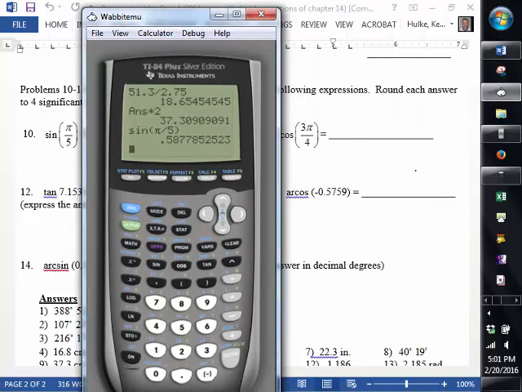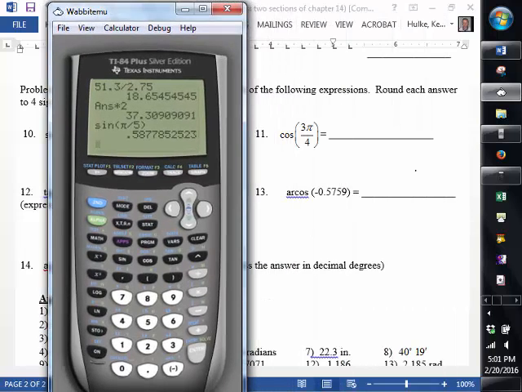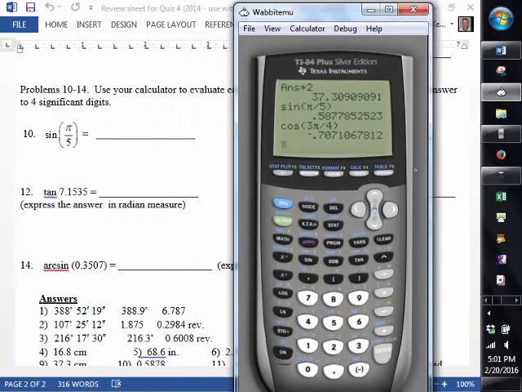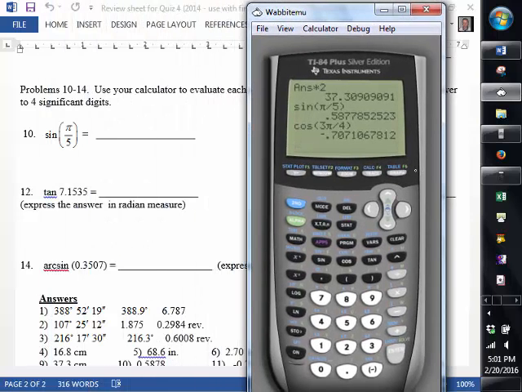It wants 4 sig digs. Cosine 3 pi over 4, so we're going to press cosine 3 pi divided by 4, and we get negative 0.7071.